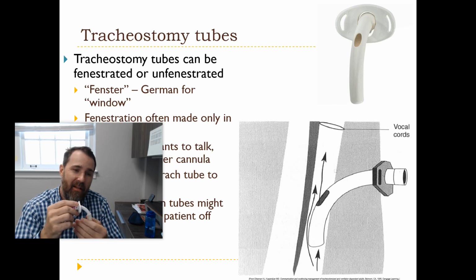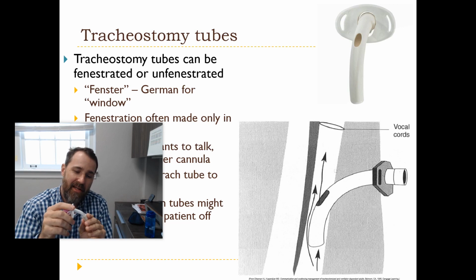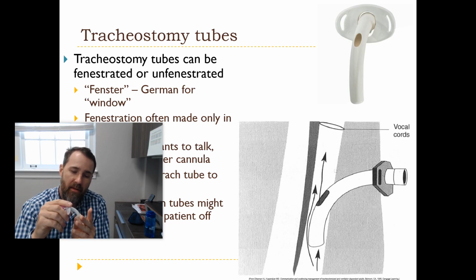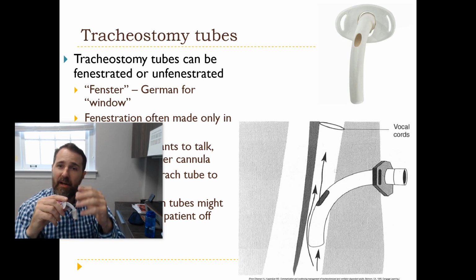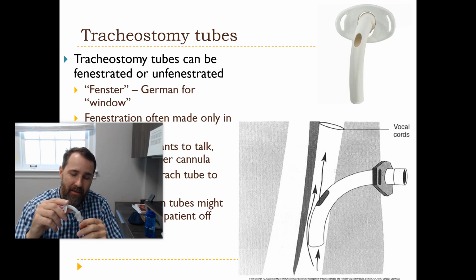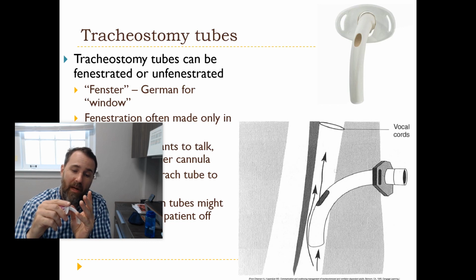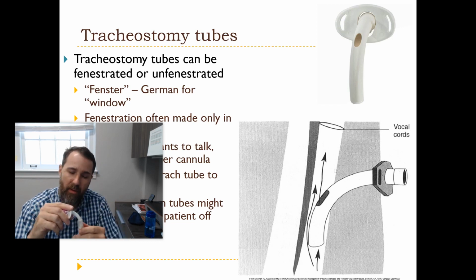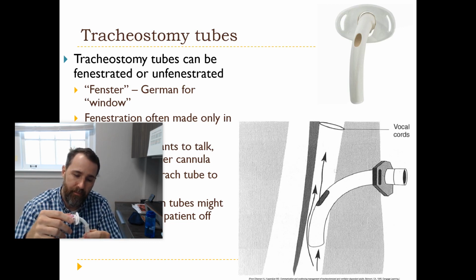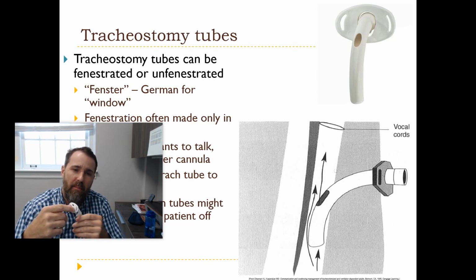And there's not going to be a lot of air passing around the outer cannula up through the vocal folds. If the cuff was inflated, there would be zero air passing around the outer cannula up between the vocal folds on expiration. So this person would not be able to phonate very well.